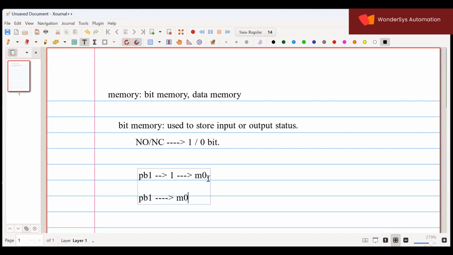Now, how will I be using these bit memory addresses? I can use them as an input address as well as an output address.